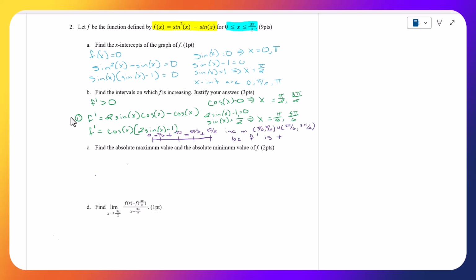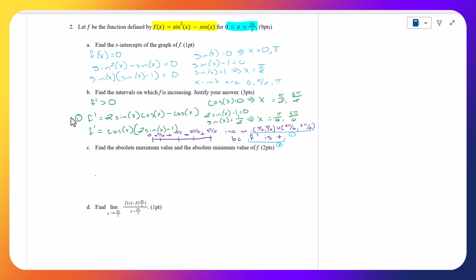And these intervals here, that was worth another point, and saying because f prime is positive, that was worth your third point for this question. So that was where all three of the points came from on that question.